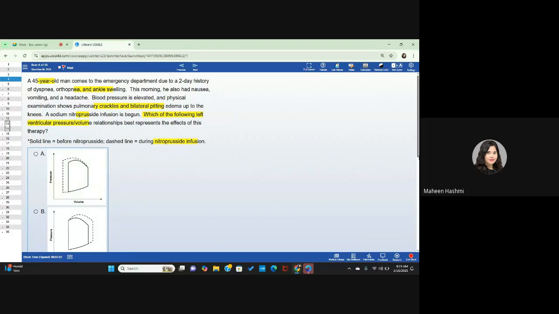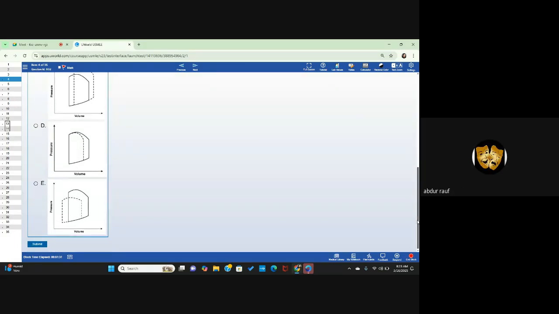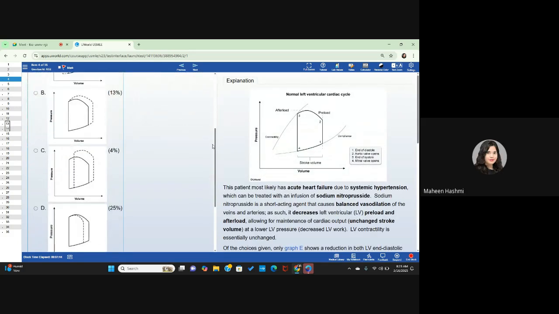So what will it be looking like on the graph? It will get shorter than the actual one. Okay. That would be like E, because it is getting shorter. E. The end diastolic volume is decreasing. It is getting on the downside. Again, yes. So the patient was suffering from acute heart failure due to systemic hypertension.